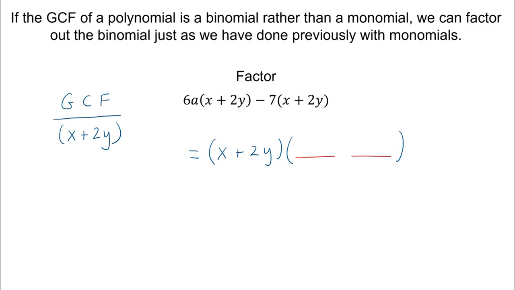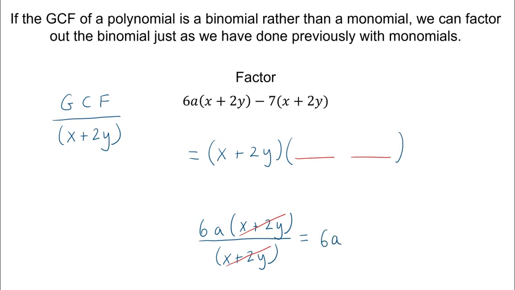So let's start by dividing the first term in our expression, 6a times x plus 2y, by x plus 2y. The two factors of x plus 2y in the numerator and denominator divide out, and that leaves us with just 6a. So 6a is the first term in our second set of parentheses.